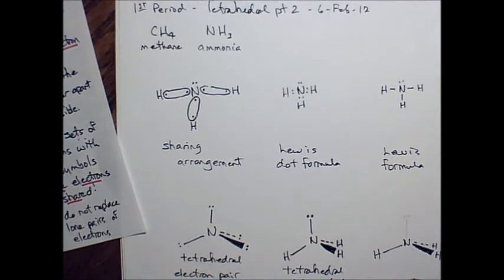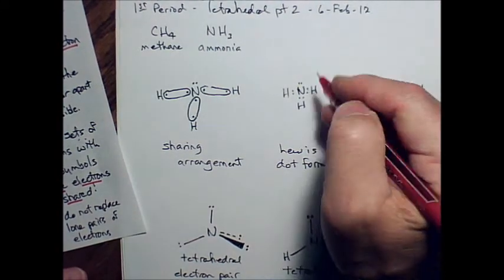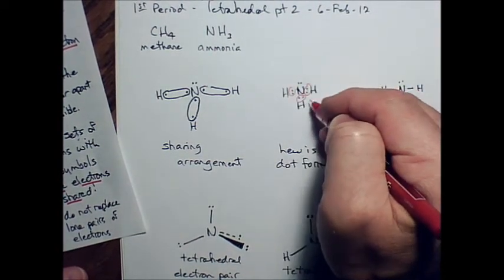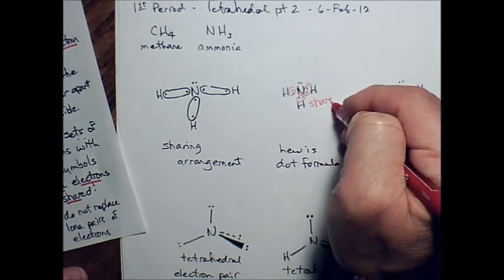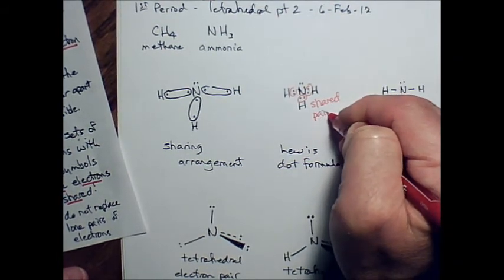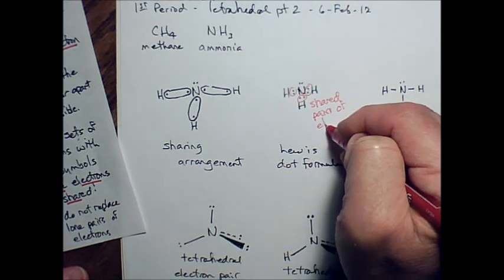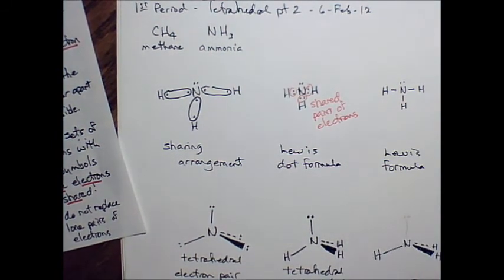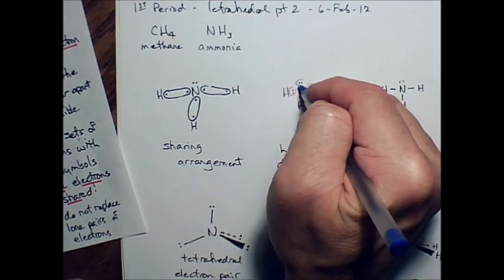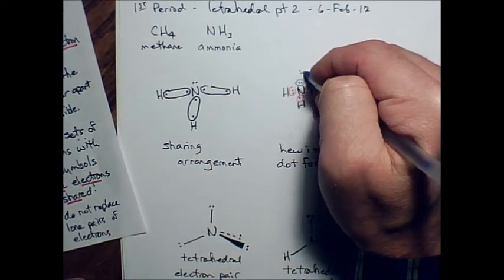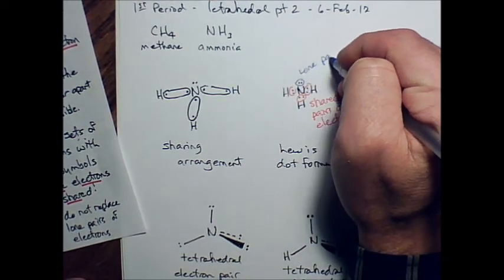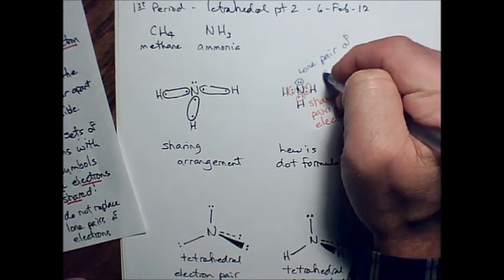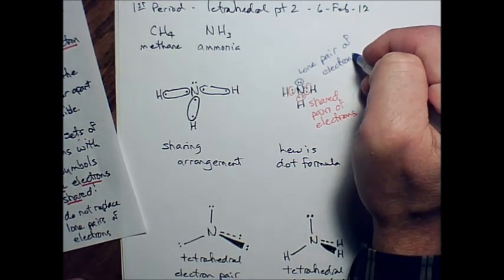These right here are all called shared pairs of electrons. This one up here, this is called a lone pair of electrons. Okay?